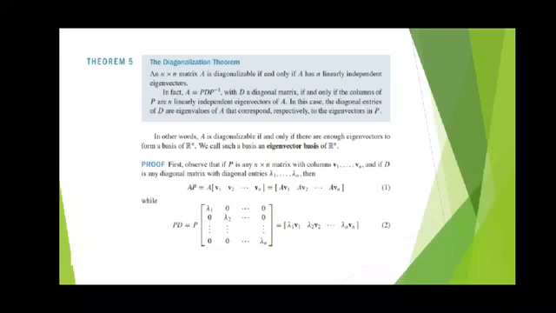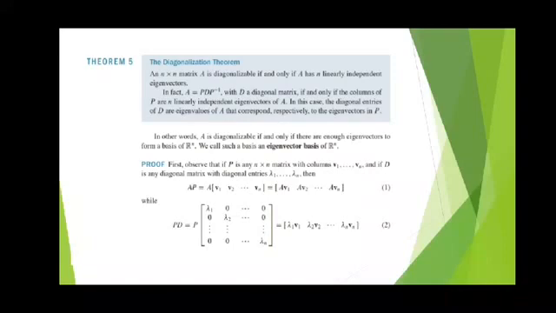The columns of P are the n linearly independent eigenvectors written in column form.